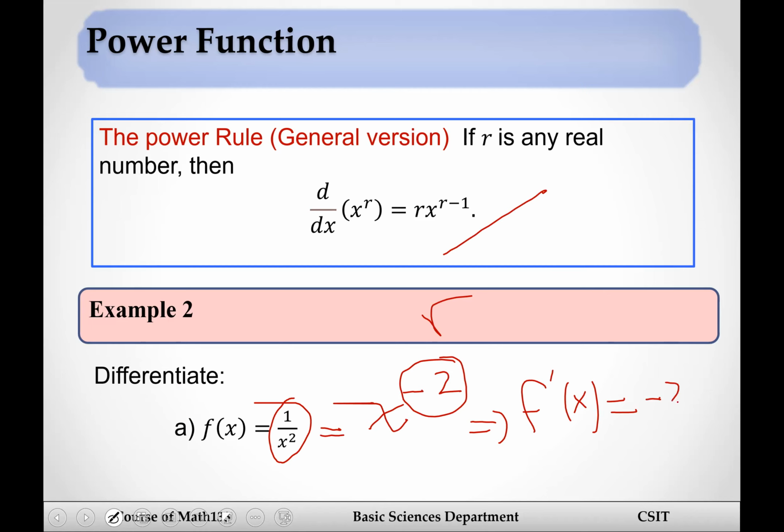So it's -2x power -2 minus 1. -2 minus 1 will be -3. And here, be careful of the computation. Don't make mistakes in the computation of the power. The power is -2 minus 1, that gives -3. So we say that the derivative of 1/x squared is equal to -2x power -3, that we can also write like -2/x power 3.